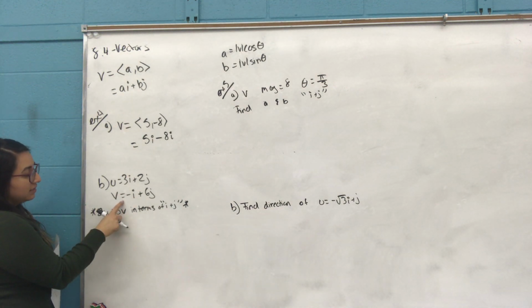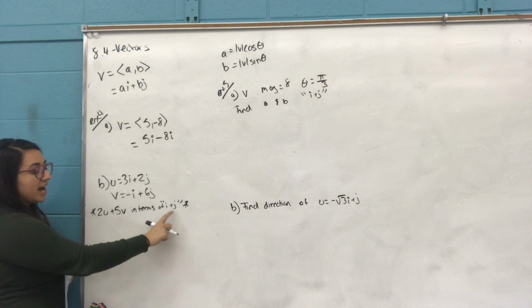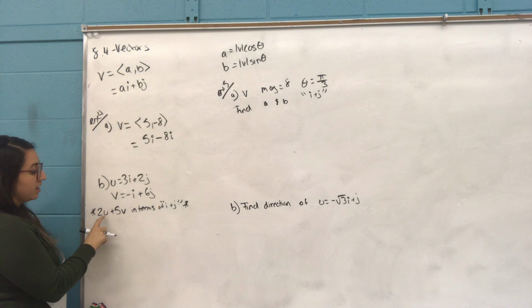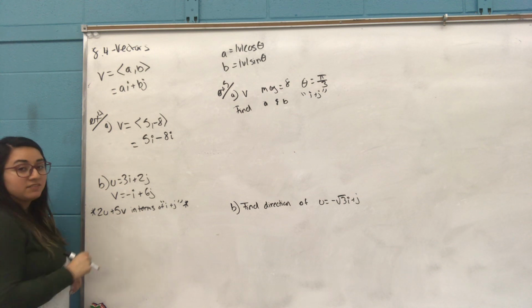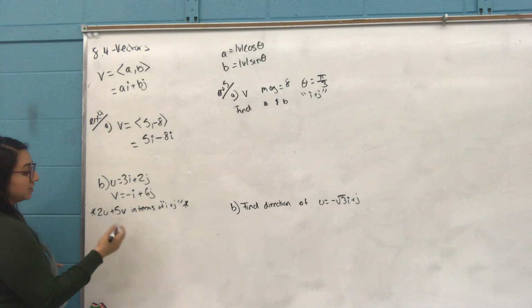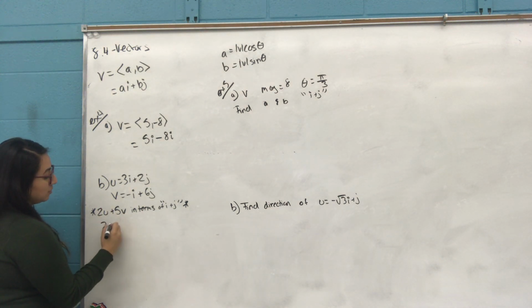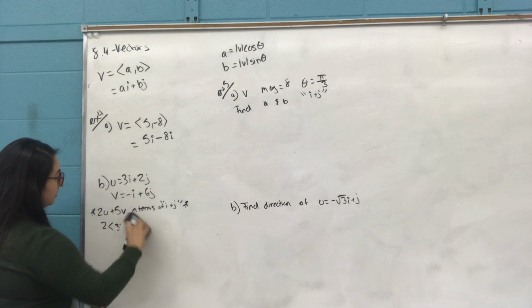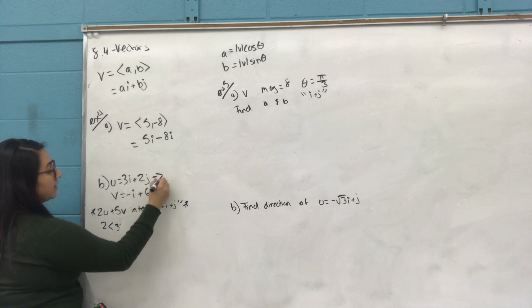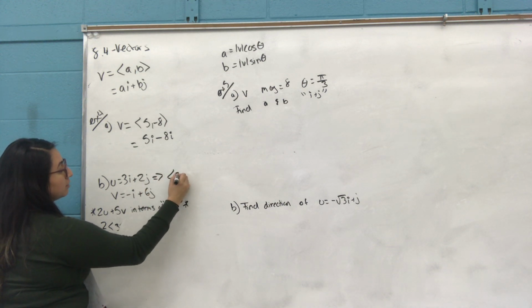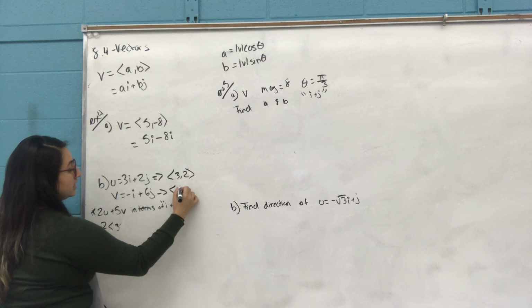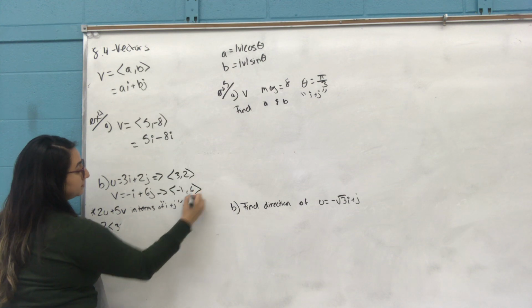u and v, they want us to put it in terms of i plus j, but they want us to multiply it. So we're going to multiply our vector u and multiply our vector v by 5. So it's going to be 2 times vector u. Actually, I'm going to leave it in terms of vectors. If I were to convert this to a vector, u would be <3, 2>. If I were to convert this to a vector, v would be <-1, 6>.